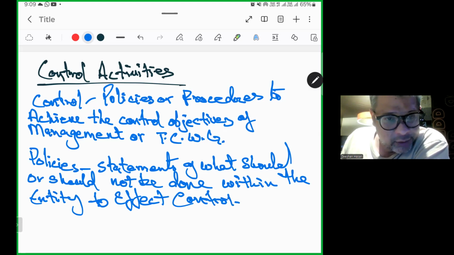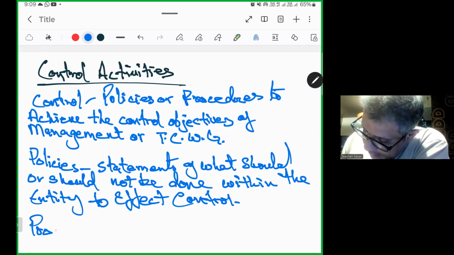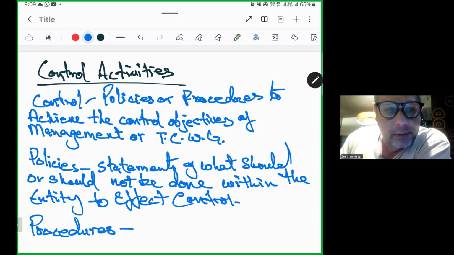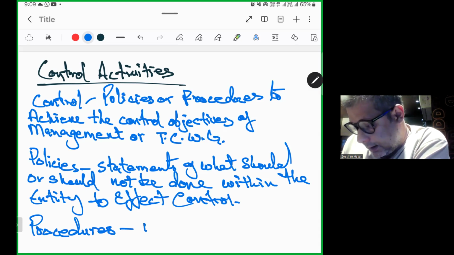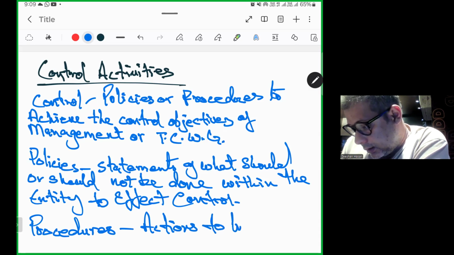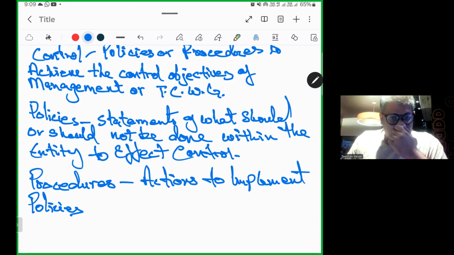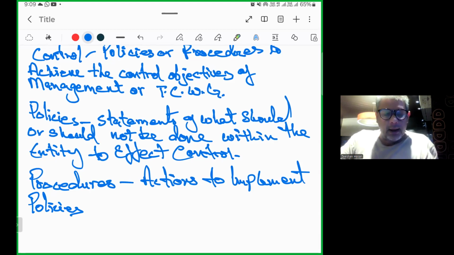Okay. What are the procedures? Actions to implement policies. So control activities are performed by employees at all levels and may be preventive or detective, manual or automated. Okay.